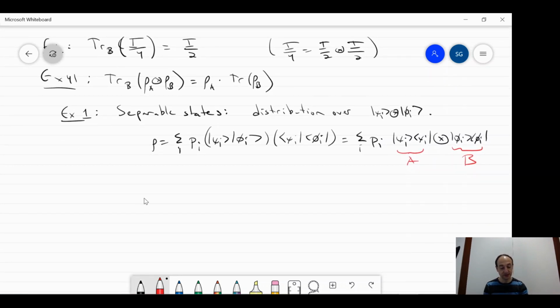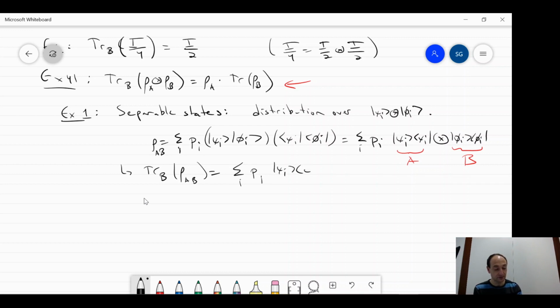And in these cases, it's very nice and easy to write down the partial trace. So if I take, say, the partial trace over B of rho, and again, let me think of this as rho AB over here. What is this? Well, in this case, it'll actually be easier to use this definition of the partial trace. By the linearity of the partial trace, just like the regular trace, it's linear, it equals this thing, times, and here I'll put in the trace of phi_i.